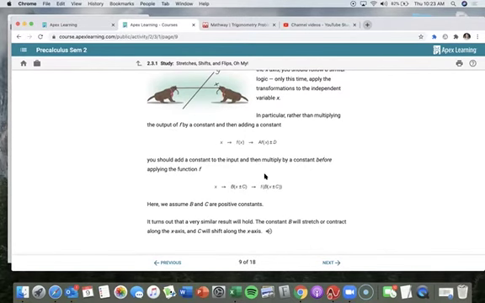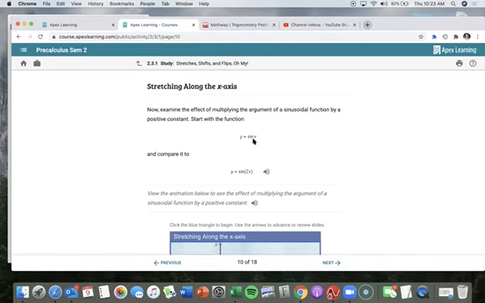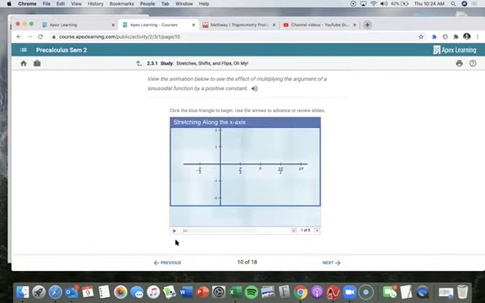If we remember what happens when we multiply, we're looking at stretching or compressing. Instead of having the 2 out in front, instead of saying 2 sine of x, we're now saying sine of 2x. We're going to stretch and compress this function in our x direction.